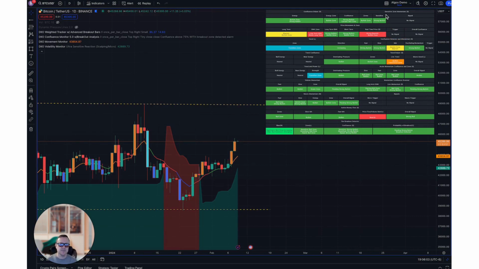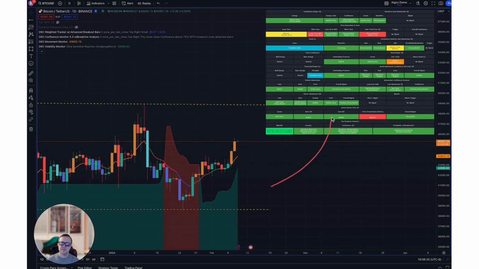When you see sensitive zone momentum displaying a signal of current short or current long, a lot of times, especially in combination with the Confluence Sniper, then that's going to be your orange on orange conditions, right? That's essentially what it turns out to look like.